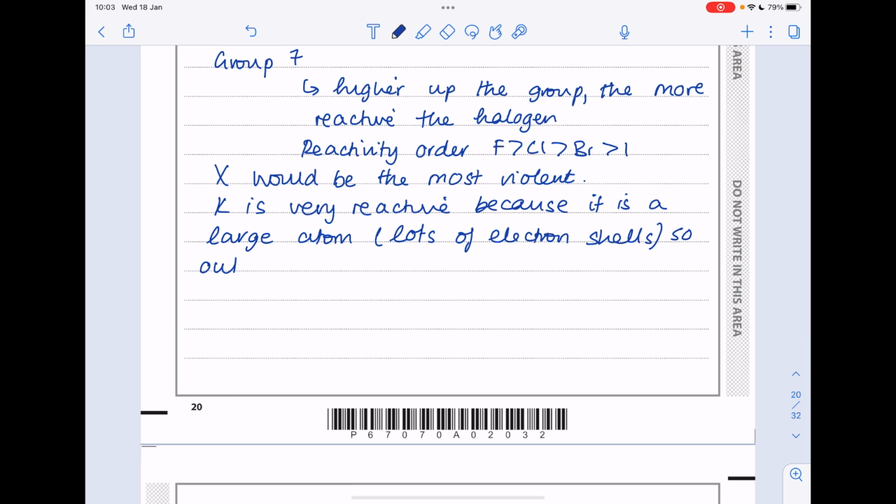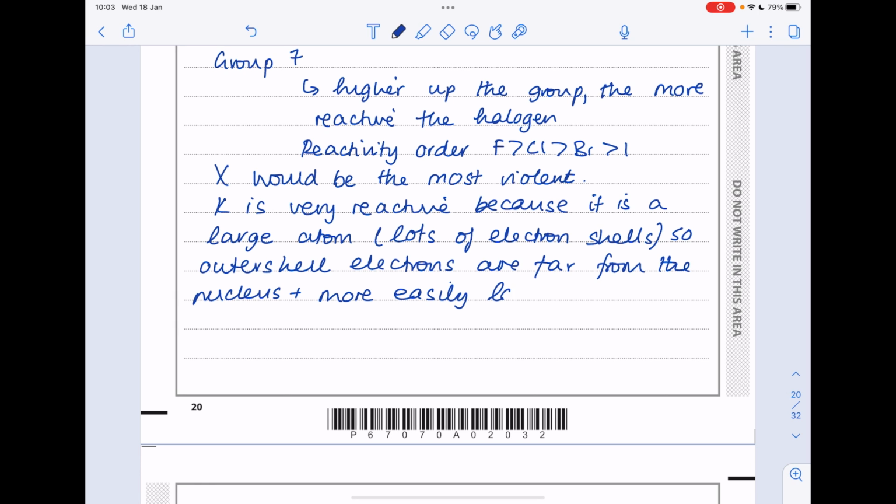So outer shell electrons are far from the nucleus and more easily lost. To form the all-important K+ ion.